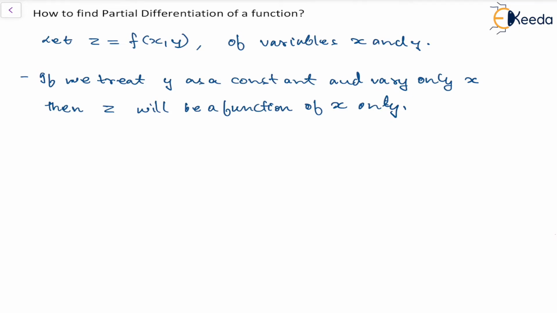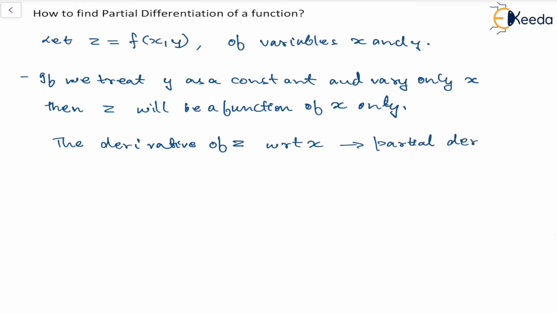So in that case, if we try to find the differentiation of z with respect to x, then the derivative of z with respect to x is what we call the partial derivative of z with respect to x.